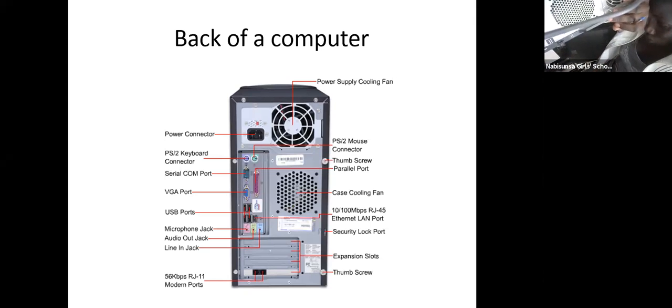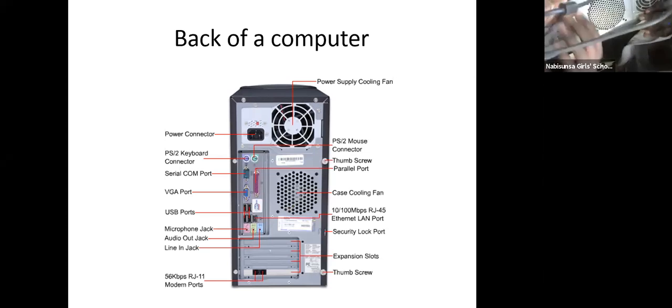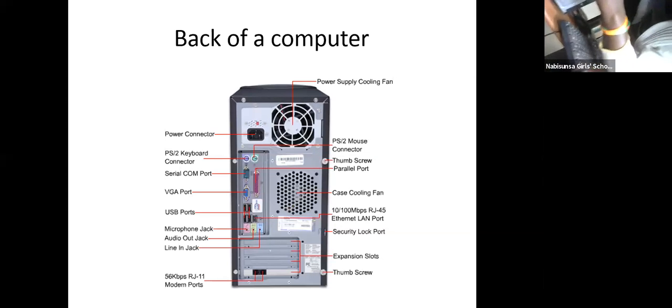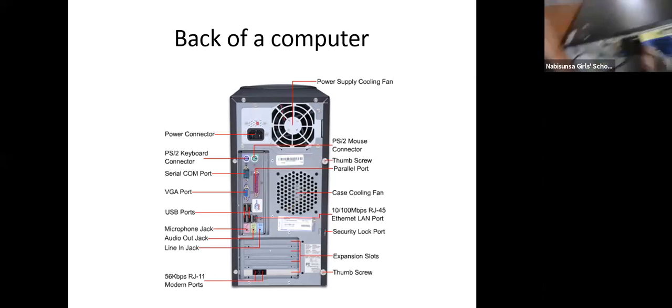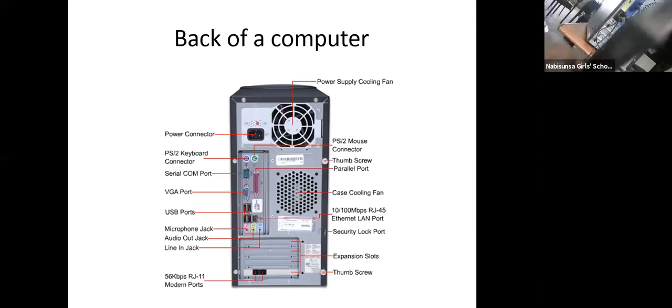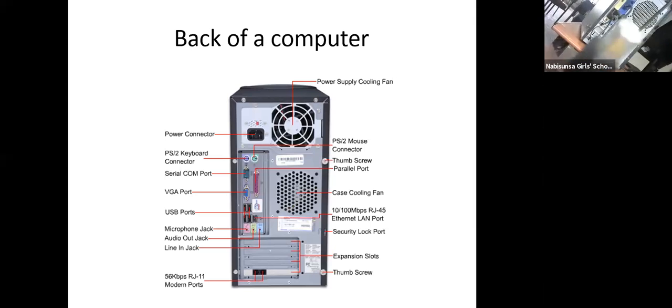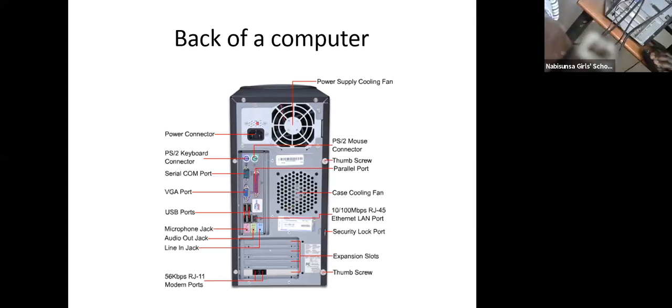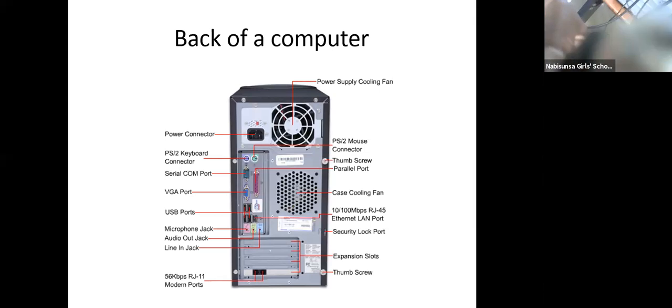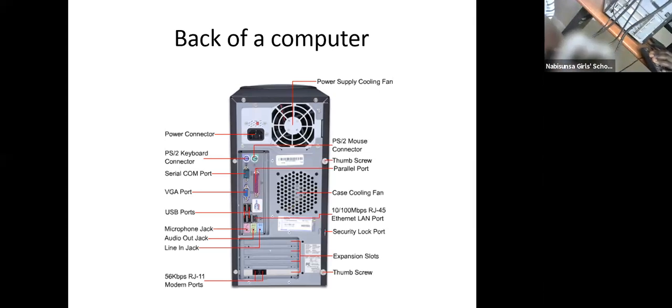And we connect it into here. We have already connected it. And at the end, it has something like this. This is the part that goes into the device. The device like a printer, something like that.